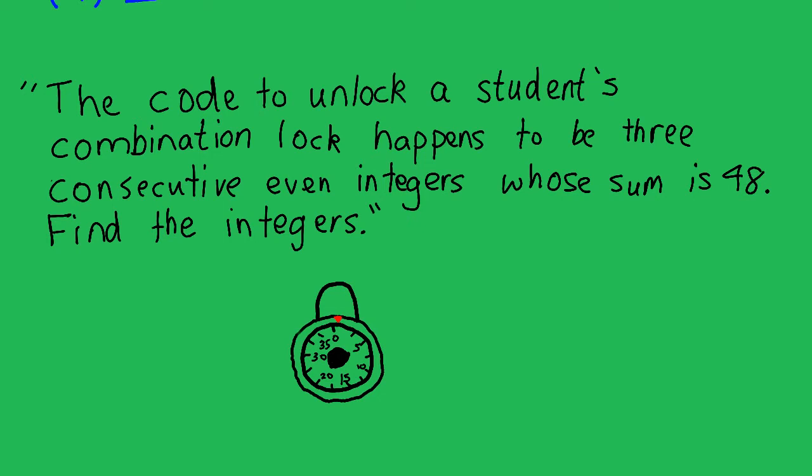So in case you're not familiar with the combination lock, students often use it to lock their lockers, and I guess other people could use it to lock other stuff. But anyways, it looks something like this, what I drew down here, and I'll get a blue pen. So there's the dial, so you turn that dial there, and then it actually turns this whole kind of circle here, and then this outer part stays the same.